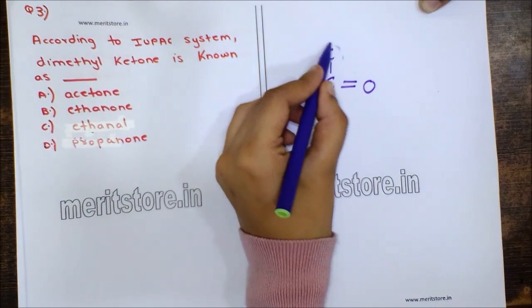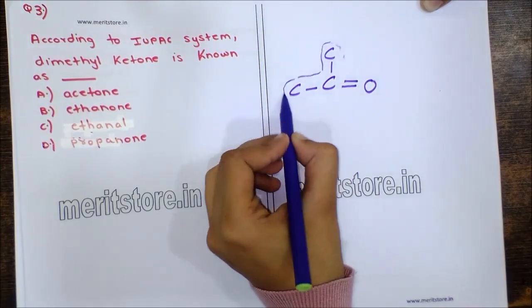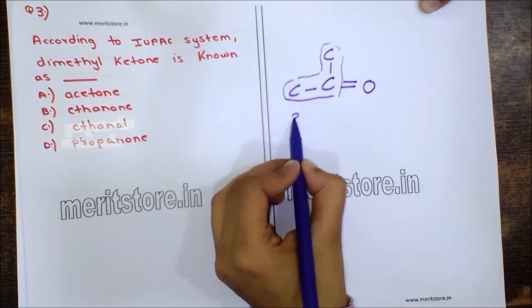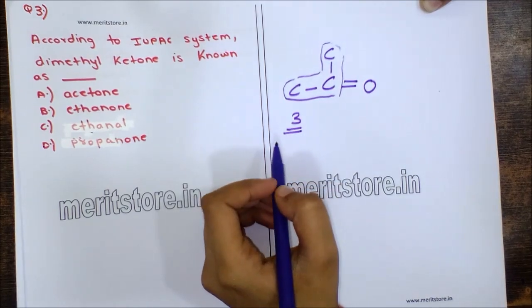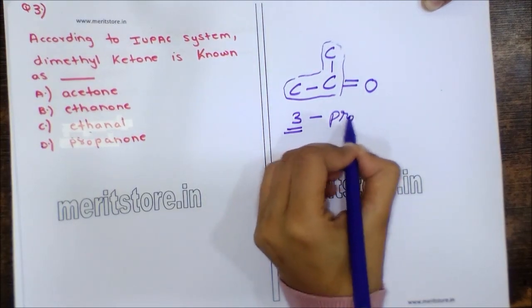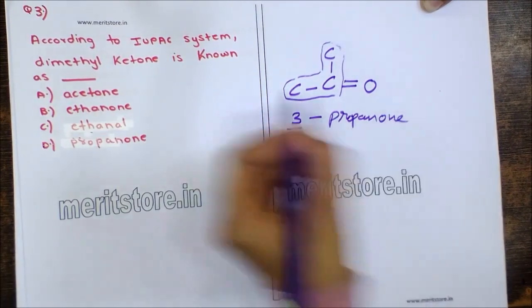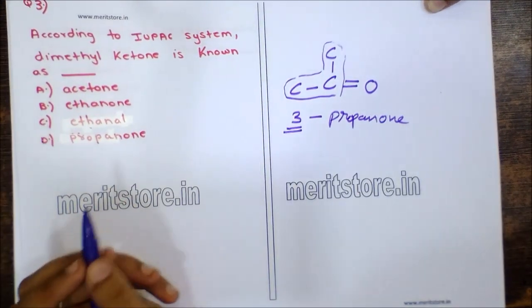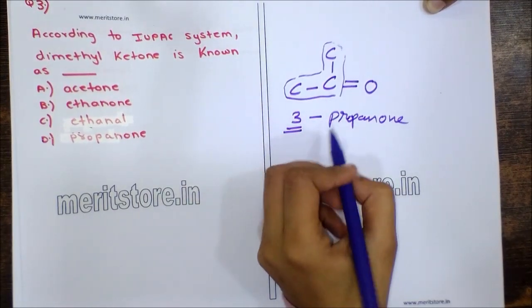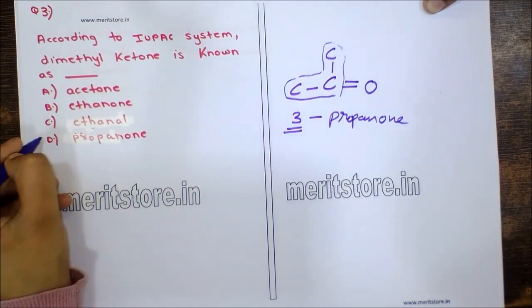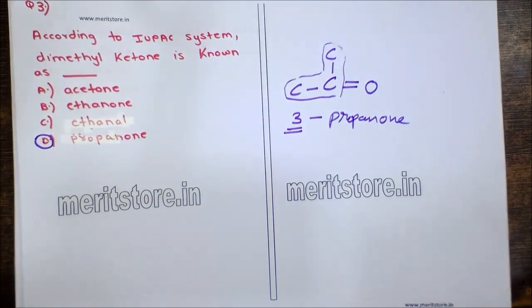Now if I calculate the number of carbons in my longest carbon chain, it is 3. So this will be propane. Since it is a ketone, it would be propanone. If it would have been an aldehyde, it would have been propanal. But it's a ketone, therefore it would be propanone. Option D, propanone, is my correct answer.